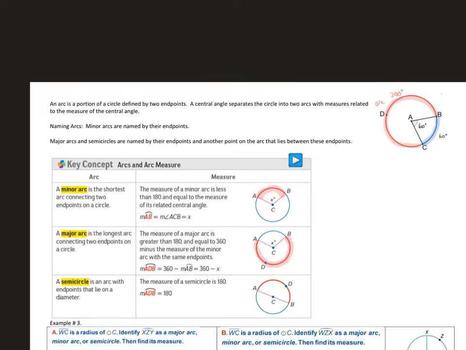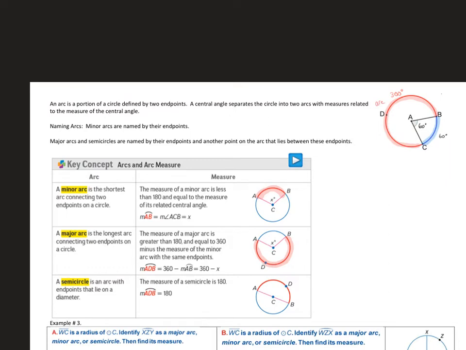Getting back to naming these arcs, minor arcs are named with 2 endpoints. That's it. A major arc and a semicircle are named by their endpoints and another point on the arc that lies between these.